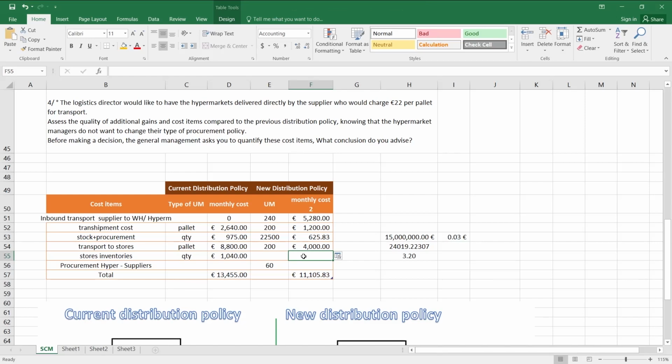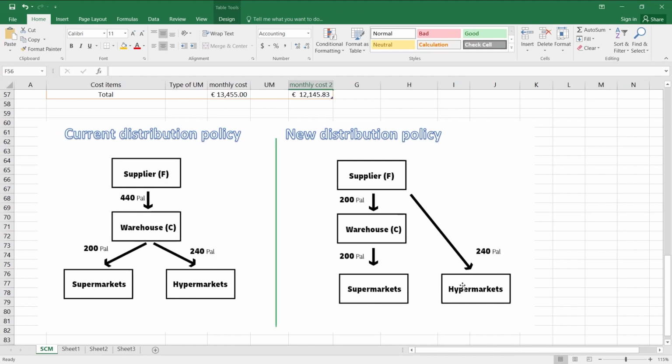Now for the store's inventories, it is basically the same, since we are always storing the same goods and the same volumes in the same stores types, in the supermarkets, but also in the hypermarkets.